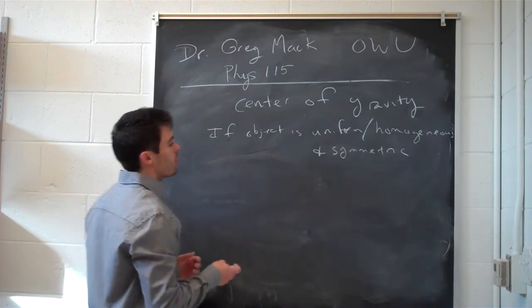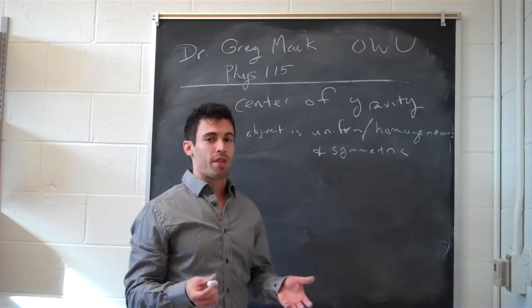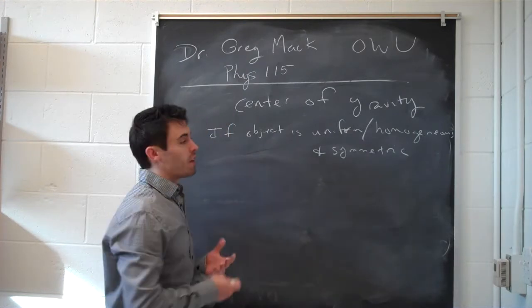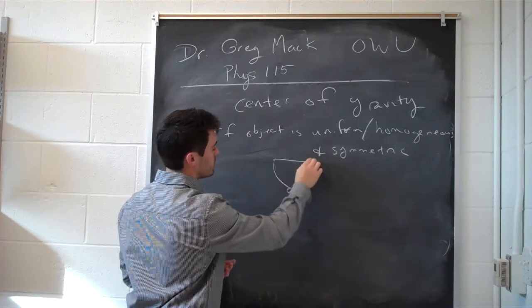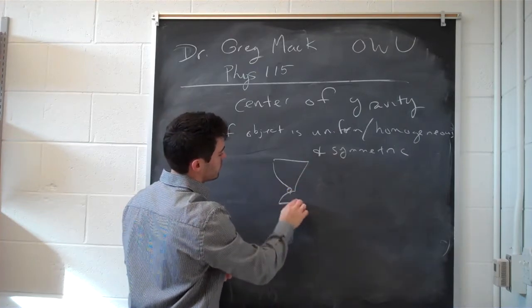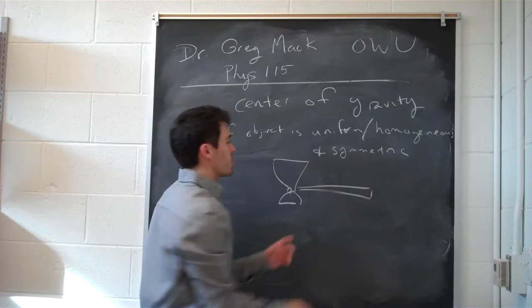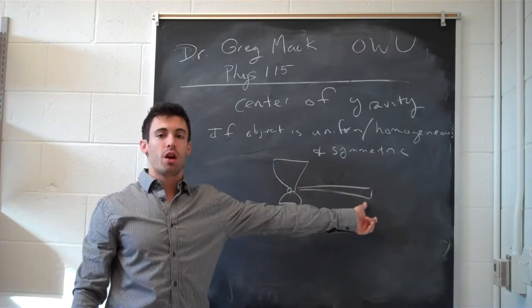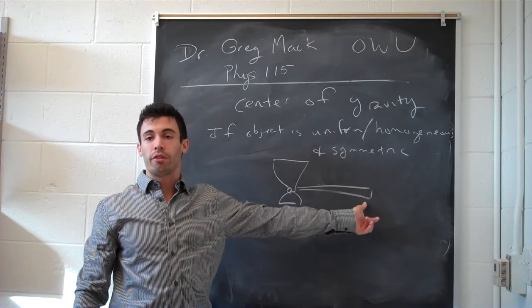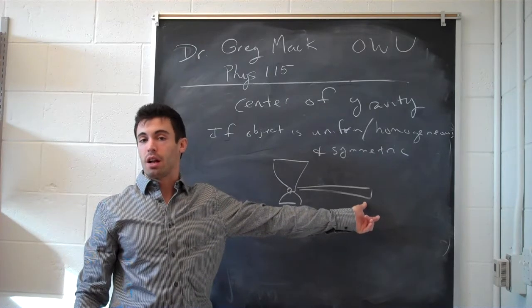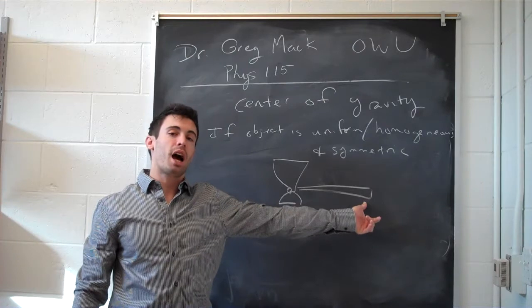Okay. So, if instead the object is not homogeneous, say it's some kind of battle axe where there's much more weight up here than down there, then we have to look at this either experimentally, by balancing it on a knife edge to find the center of mass, or we have to actually calculate it.